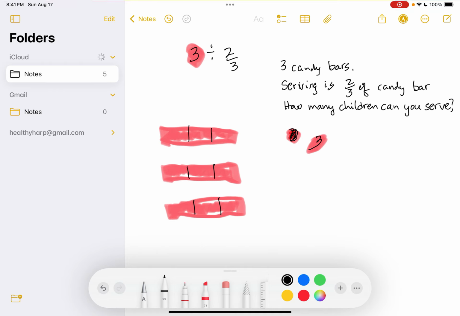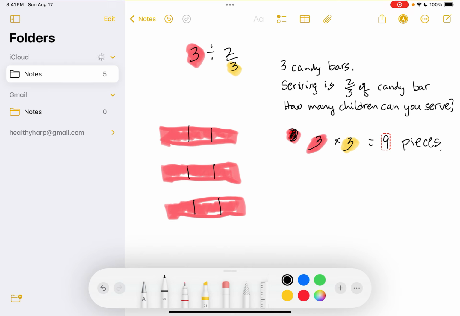Well, how did I get 9 pieces? I took 3 candy bars and I cut each of them into 3 pieces. So if I take 3 times 3, that gives me 9 pieces. But do you see where the 3 and the 3 came from? The 3 candy bars times when I cut them into 3, that gave me more pieces.